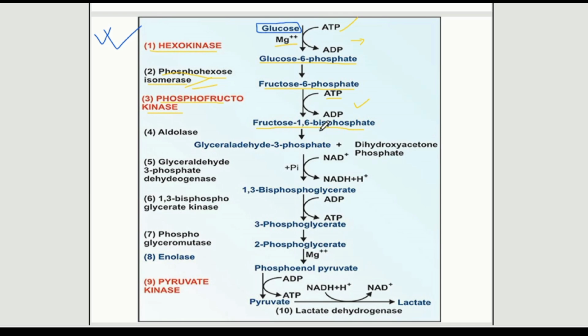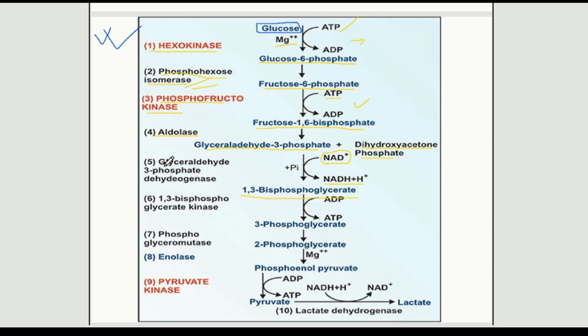Then fructose 1,6 bisphosphate is converted to glyceraldehyde 3 phosphate and dihydroxyacetone phosphate with the help of the enzyme aldolase. When glyceraldehyde 3 phosphate is converted into 1,3 bisphosphoglycerate, one NAD plus molecule helps, and NAD plus is converted to NADH plus H plus.